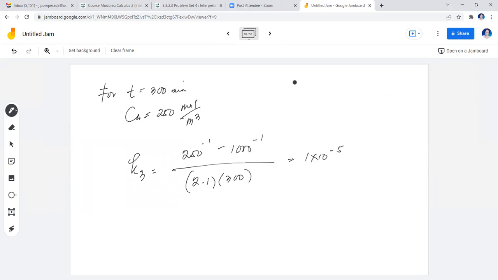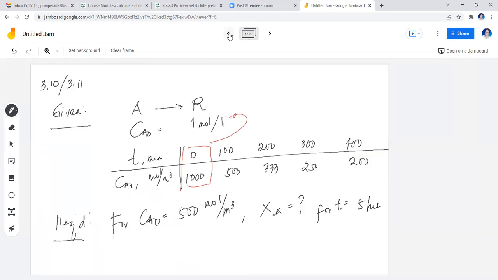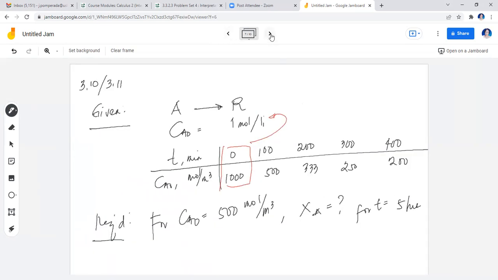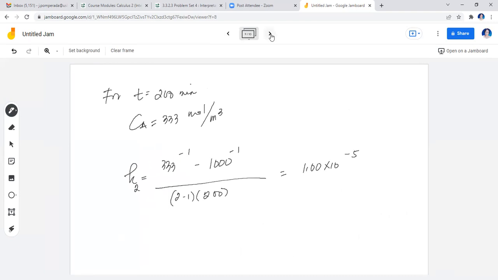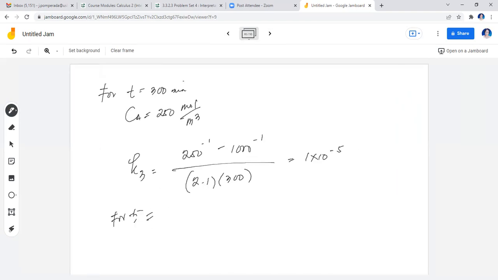So let's see, we'll have for the last one, for t equal to 400 and 200. So I'll have here 400 minutes and C sub A, which is 200 mole per cubic meter.